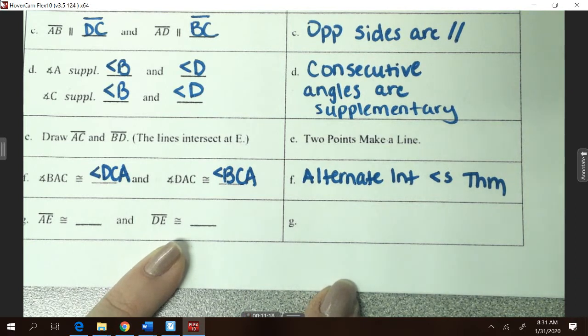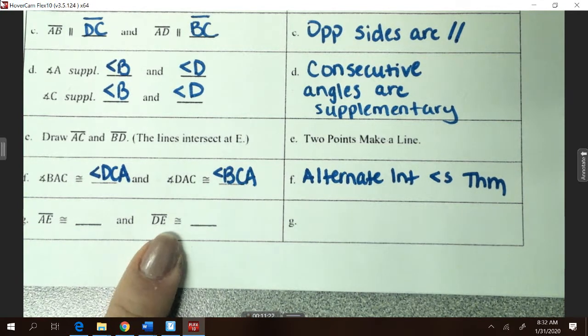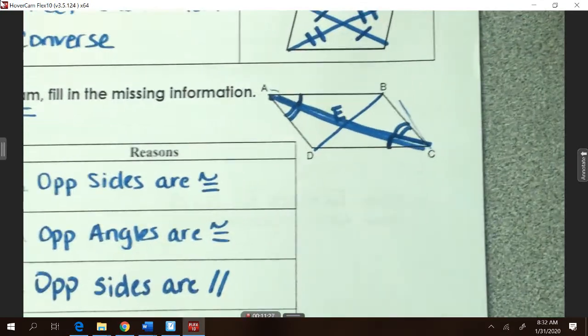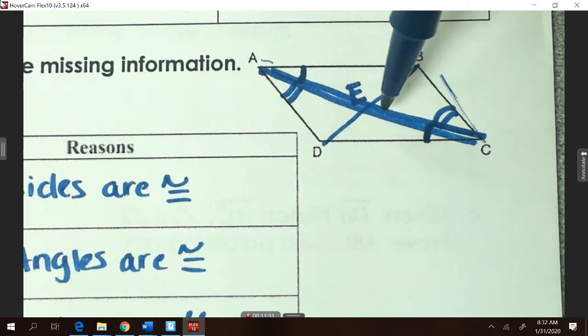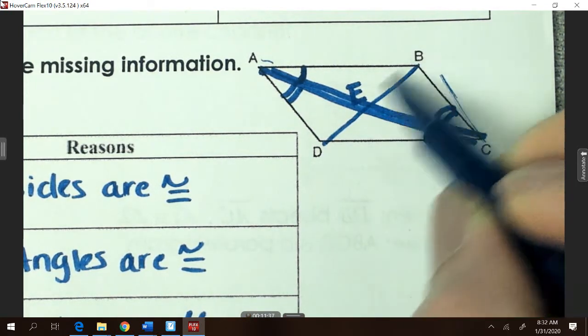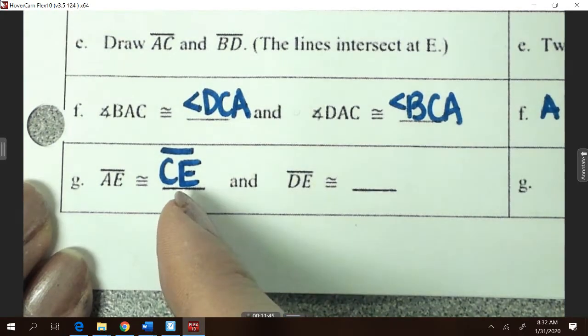Okay. The last part down here is asking for what AE is congruent to and what DE is congruent to. So let's go to our picture. What would AE be congruent to? EC. Okay. And what would DE be congruent to? EB, right? Or BE, whatever you want to name it. Okay, so AE, I said, was congruent to CE, or you could call it EC.